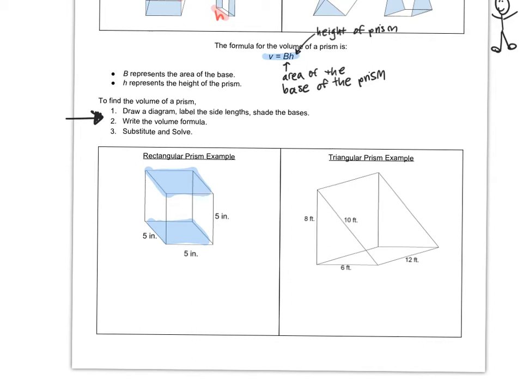So now that I've made that choice, I can write down my formula and substitute some values in here. I know that the volume is equal to the area of the base times the height. Well, here's the base of my prism. So that means the area of that rectangle would be 5 times 5, or 25.